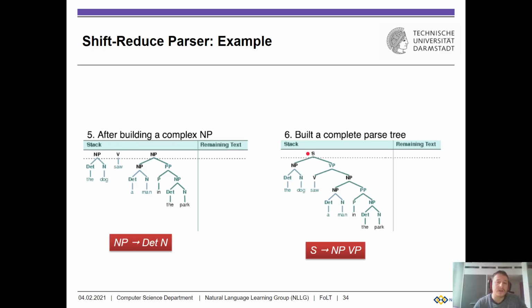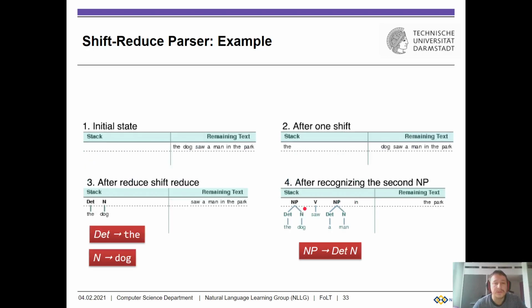And note, all the while we have been doing this, we have kept track of the relationships. So initially we saw the dog, which has the corresponding production rules. Determiner expands to the, noun expands to dog. We've then also kept track of that noun phrase expands to determiner noun.